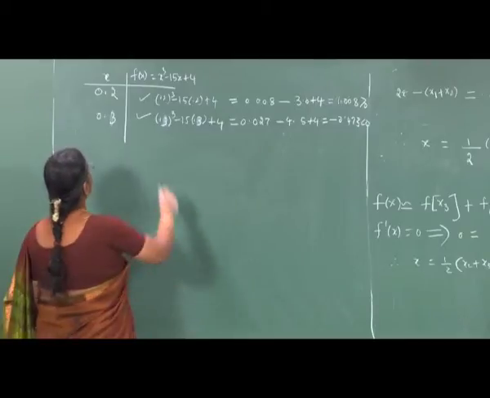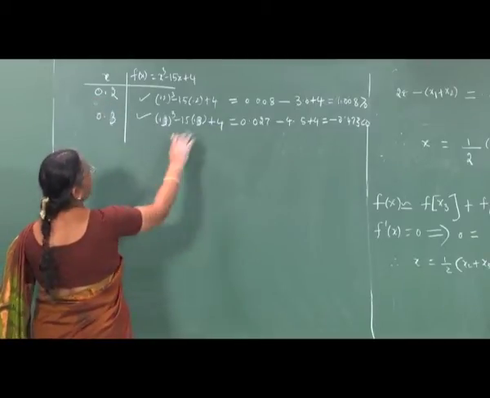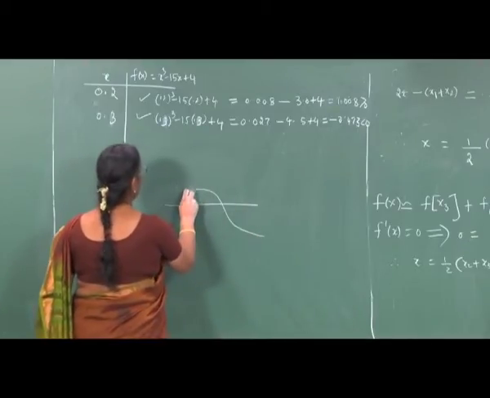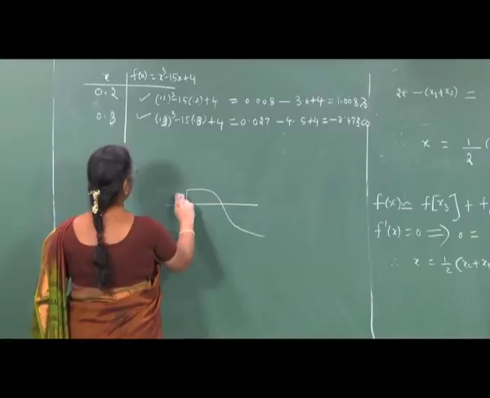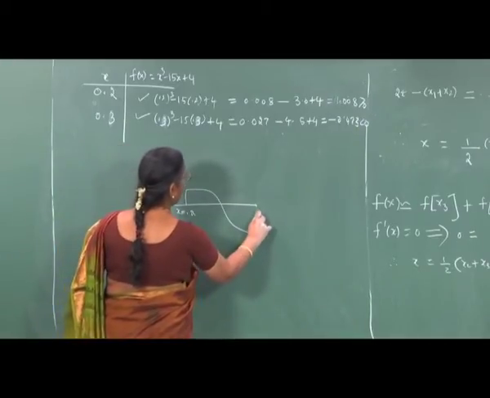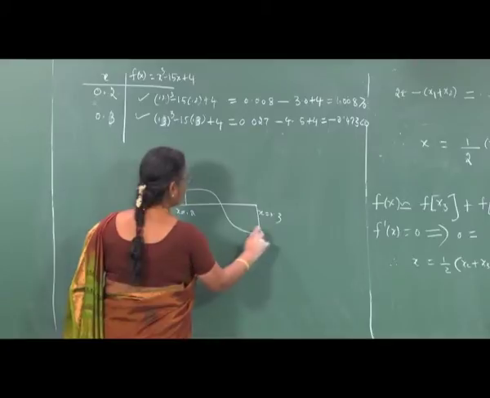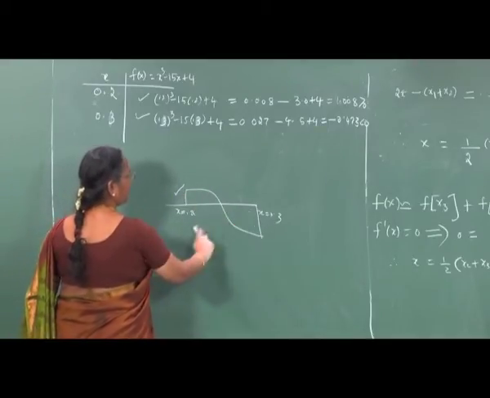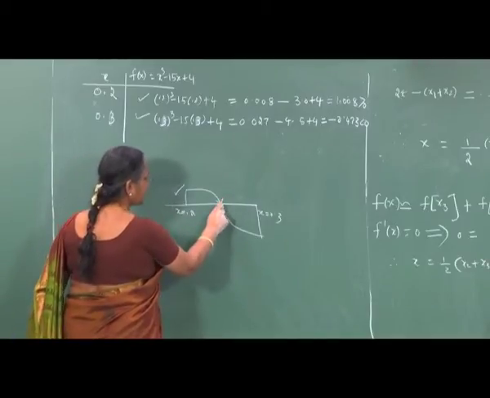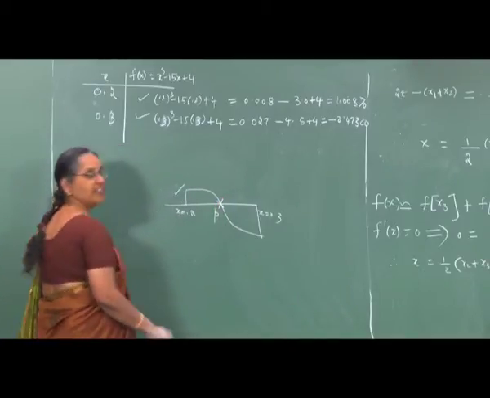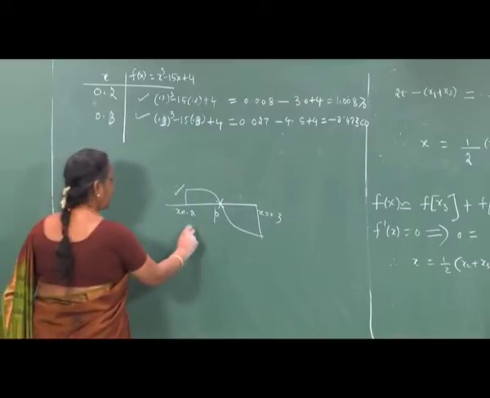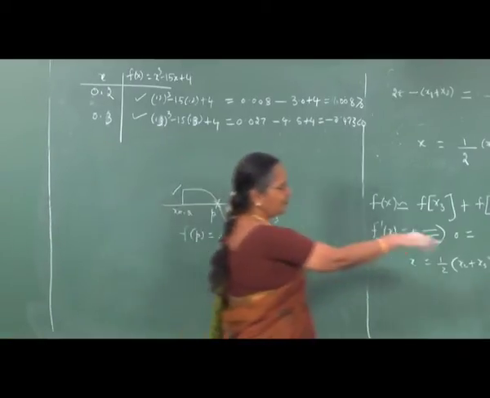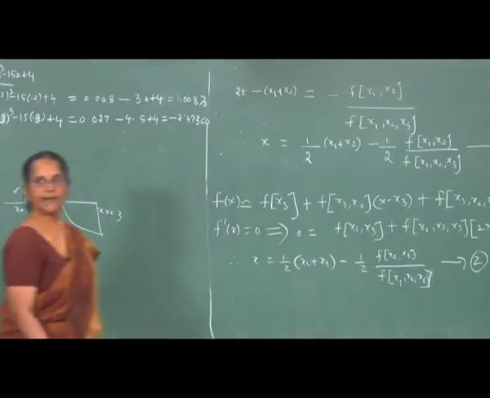So, at x equal to 0.2, f of x is positive, and at x equal to 0.3, f of x is negative. So, it has to cross the x axis at some point between 0.2 and 0.3, and it is this point which I call P, which I seek, which will give me f at P equal to 0, and that x equal to P will be a root of that equation.